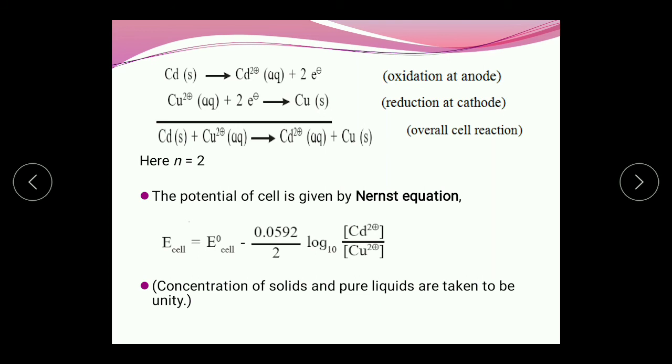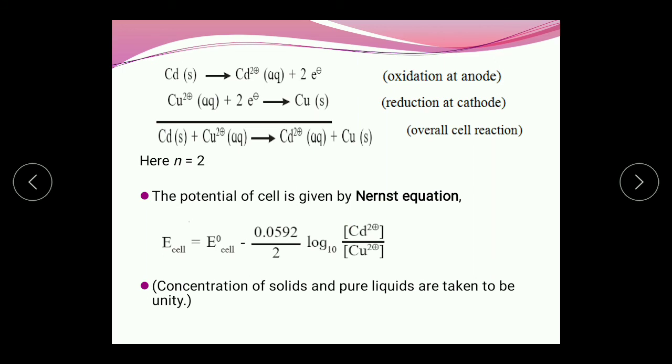There are two products, Cd+2 as well as Cu, but we haven't taken Cu. Why? Concentrations of solids and pure liquids are taken to be unity, that is 1. Remember this always. If it is in solid state, then its concentration is taken to be 1. Hence, that is not taken, because the product will be the same again.